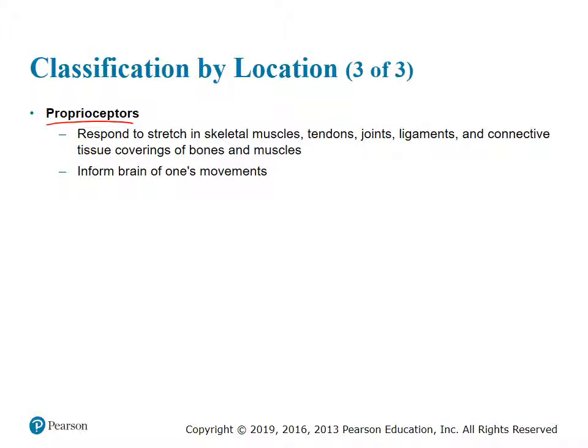Proprioceptors, which we've talked about, which you find in skeletal muscle and all your connective tissue around muscle and bone. Those really identify movement of those skeletal muscles, bones, joints, tendon, connective tissue in space, right?